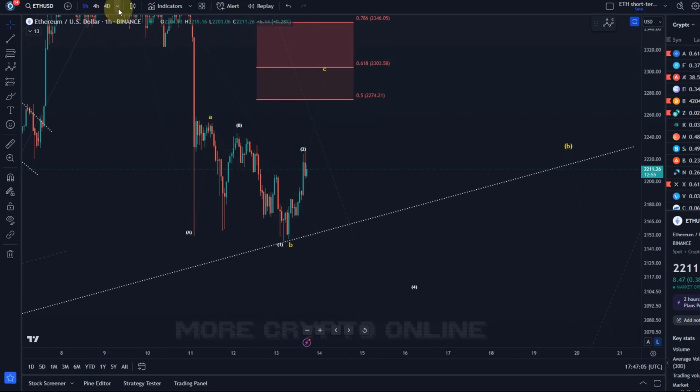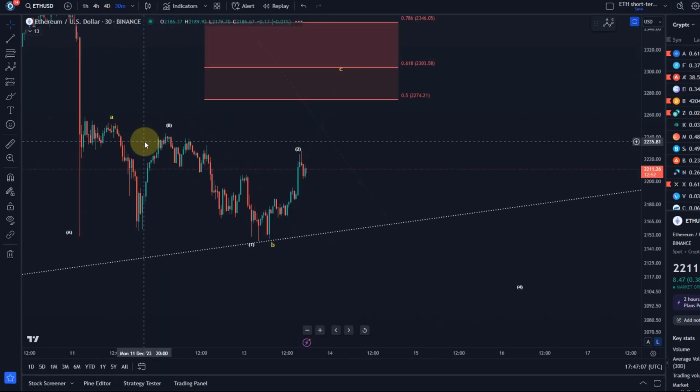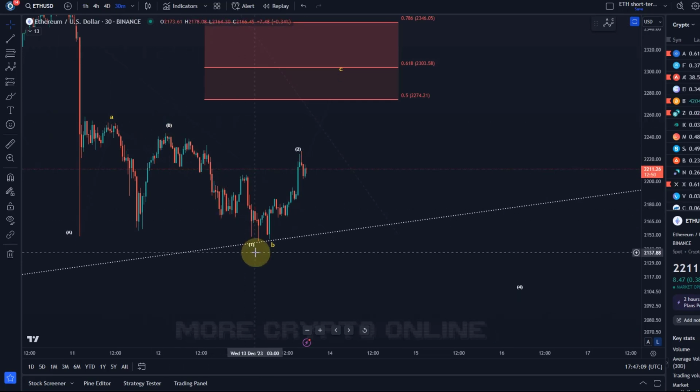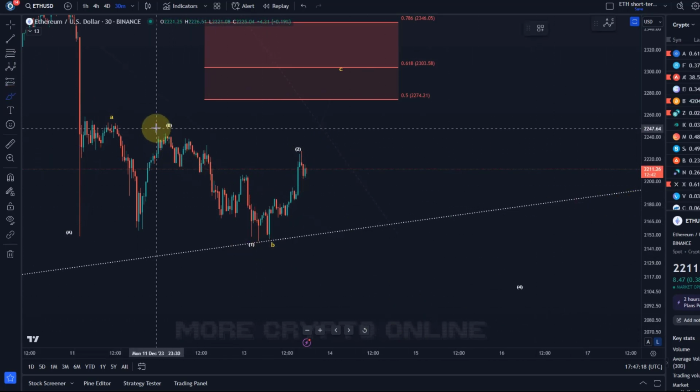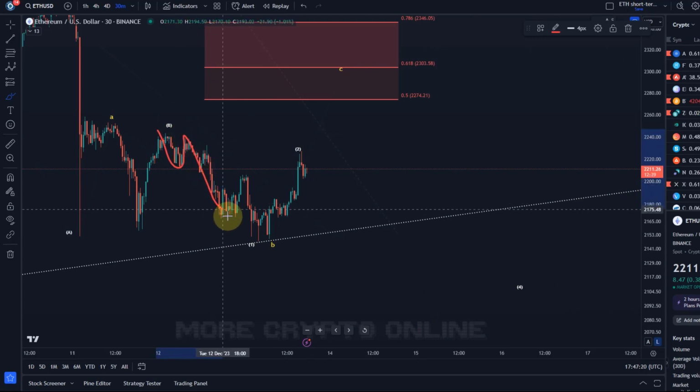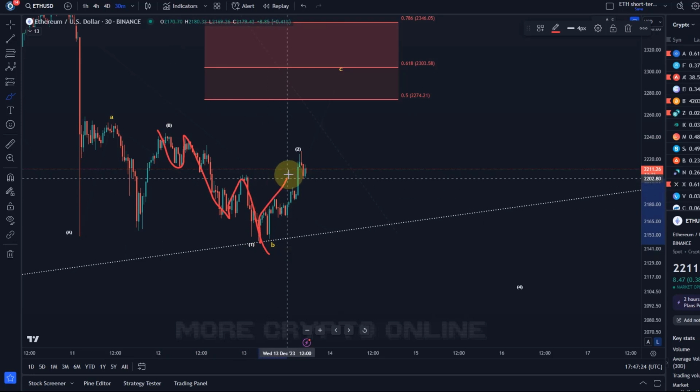The reason I say that is I have a pretty nice 5-wave move down here, which I see as either wave 1 of C, pushing it down, 1, 2, 3, 4, 5 in wave 1, then this is a wave 2 corrective rally and can send us down lower.